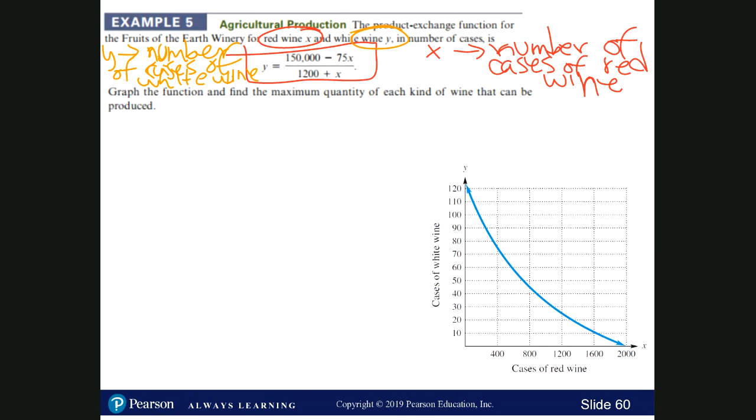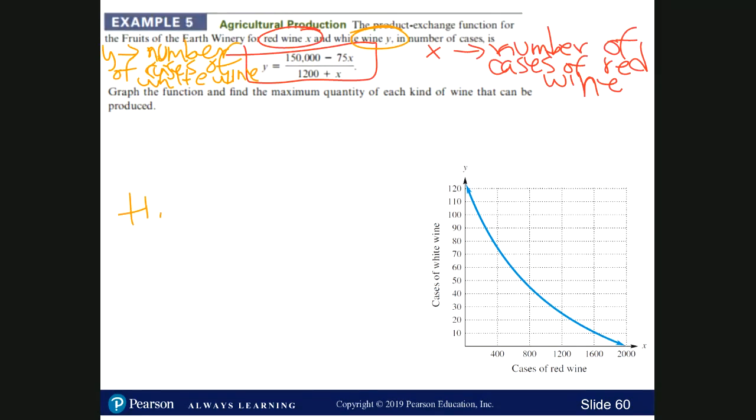The question here for us is just to graph the function and find the maximum and the minimum quantity of each kind. Yes, this is a rational function. You can see that we have the same degree, so we would have a horizontal asymptote.